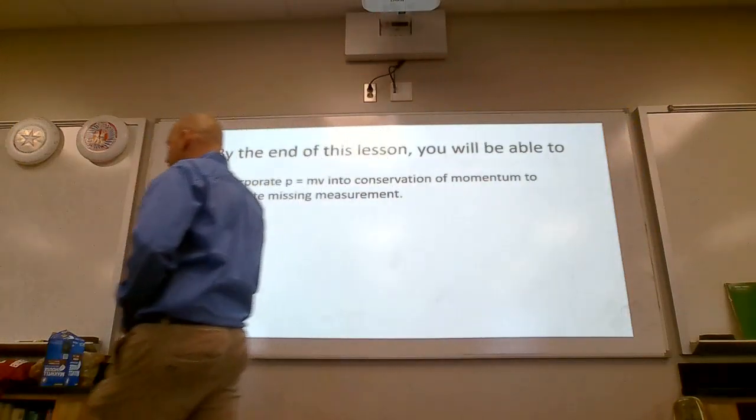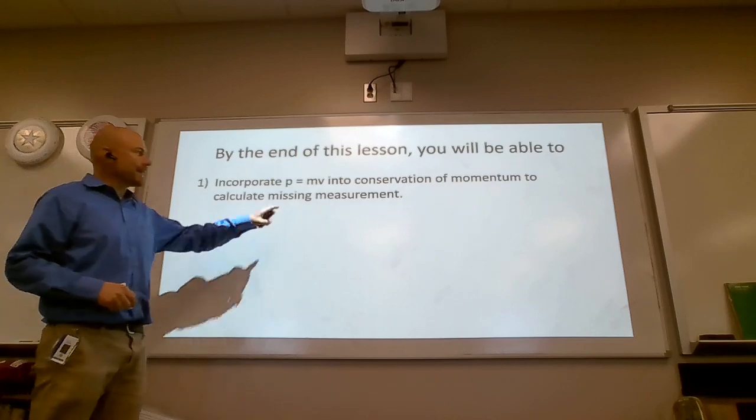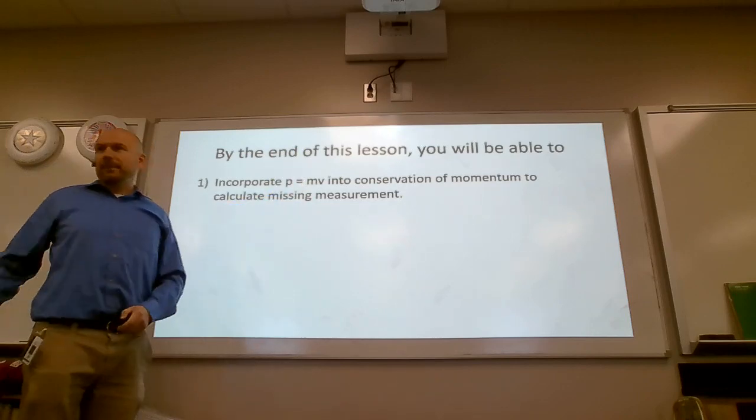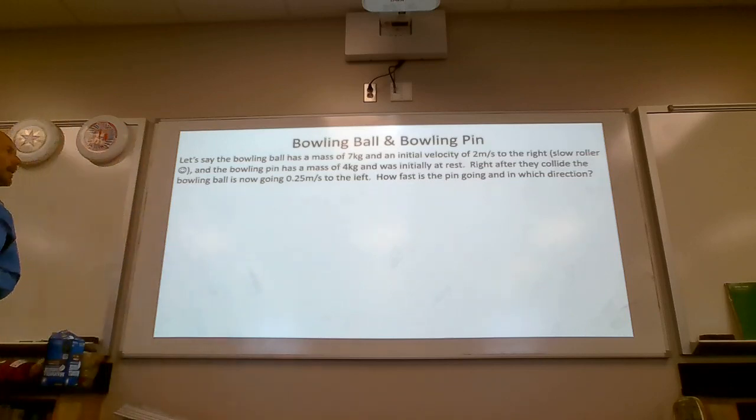Okay. So today we're going to take what you learned already on this worksheet, but incorporate mass times velocity into that. So momentum is equal to mass times velocity. Let's say you have a bowling ball with a mass of 7 kilograms, initially rolling at 2 meters a second to the right. So it's going slow.